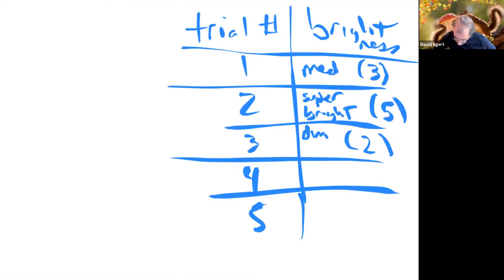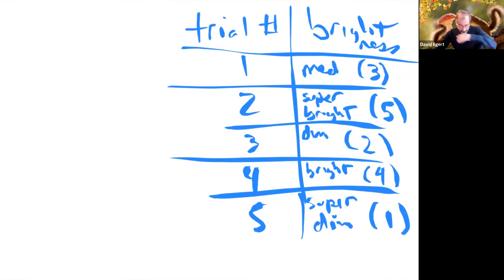Then we went to bright, which is 4. Then we went to super dim, which is 1. So we randomized this.